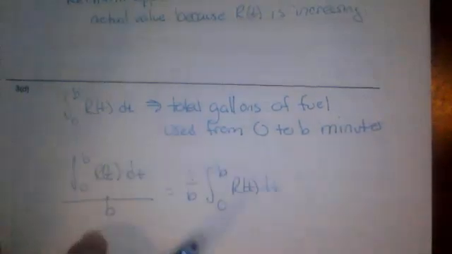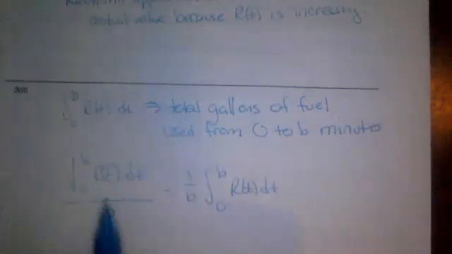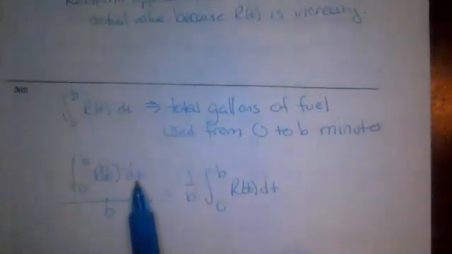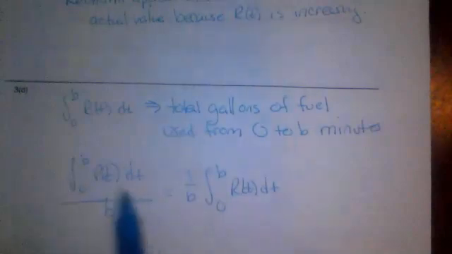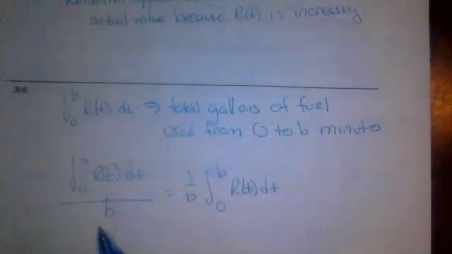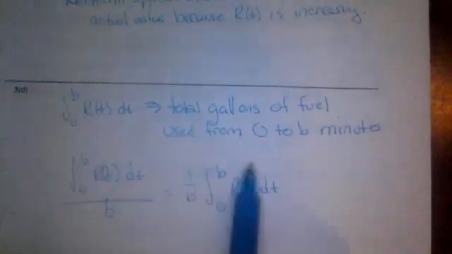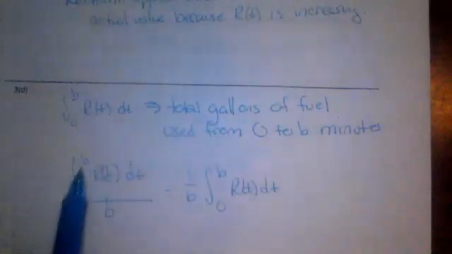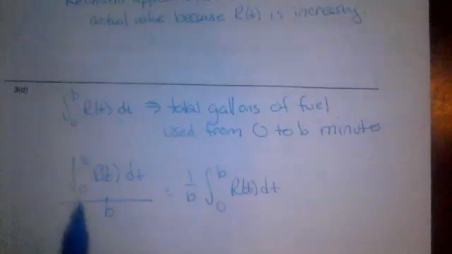Now the reason I wrote it like this: if I had said, okay, this integral gave us 40 miles in 4 hours, then 40 miles divided by 4 would give me 10, which would be the average number of miles that I travel per hour. So this is just giving me an average. If I divide by this difference right here, then I'm really just finding the average.